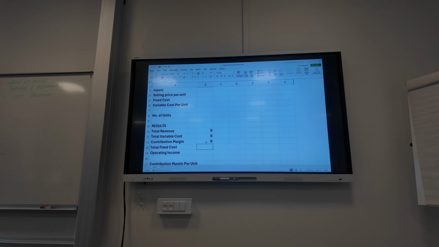So this would be operating profit, and the ratio. This term is new. I have never heard contribution; I have heard margin.